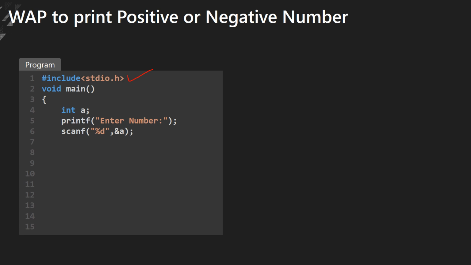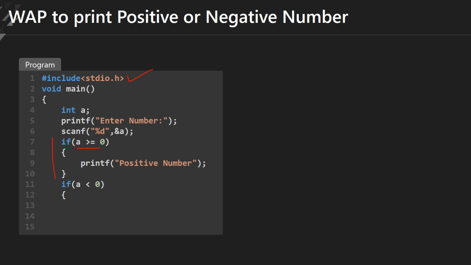Then you have to check whether that number is positive or negative. If a is greater than or equal to 0, then the given number is positive, right? If it is not greater than or equal to 0, then you have to check another way also.